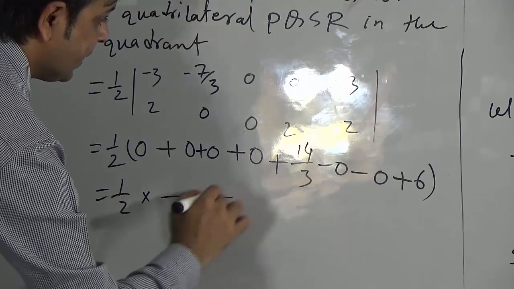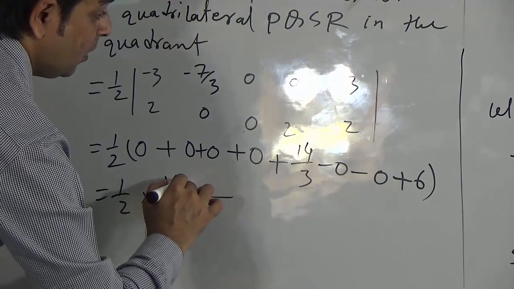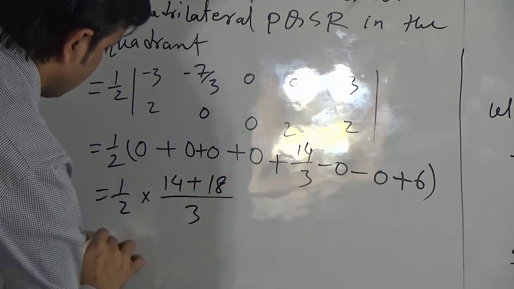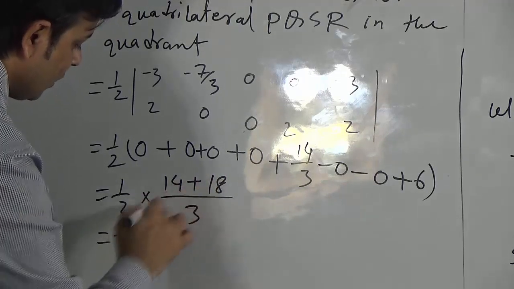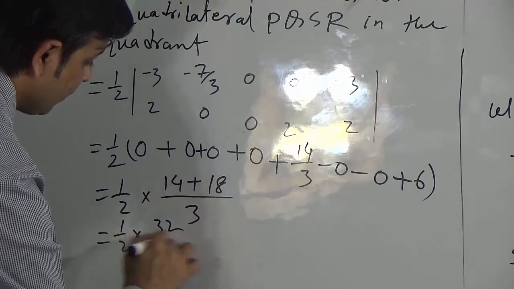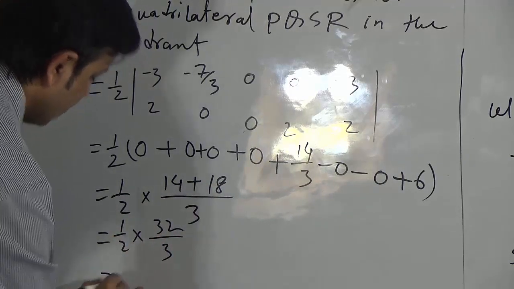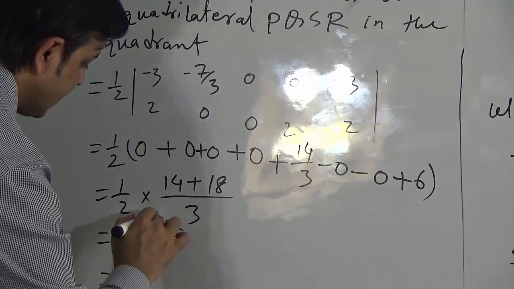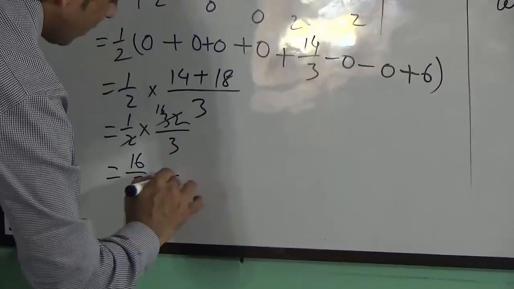What will we get here? We will get 3, 14 plus 18, that will be half into 32 by 3. We can cut by 2 and get 16. This is 16 by 3 square units.